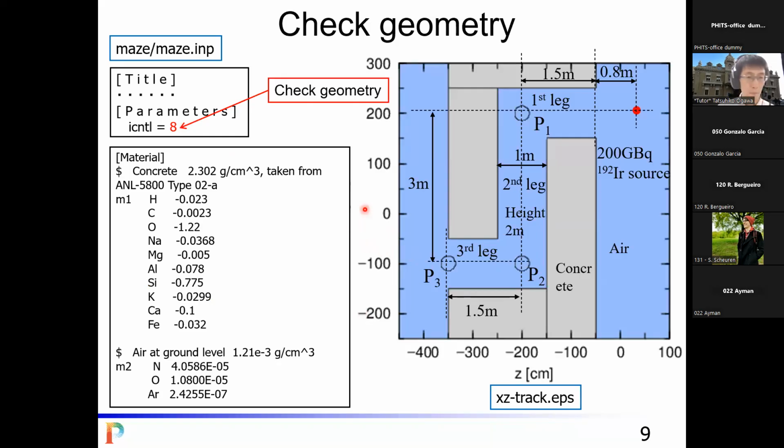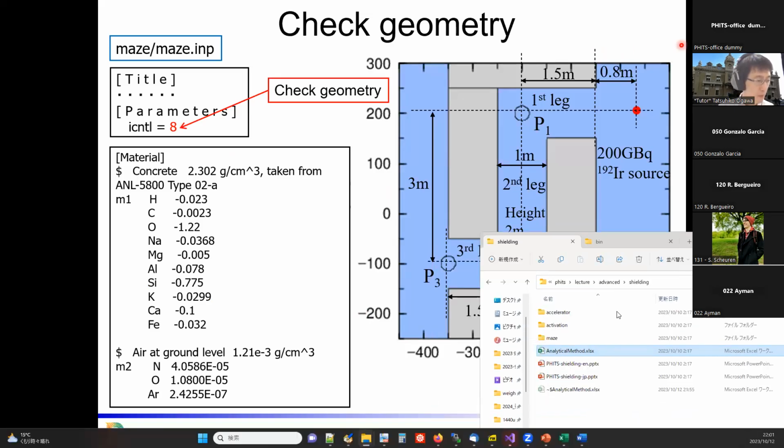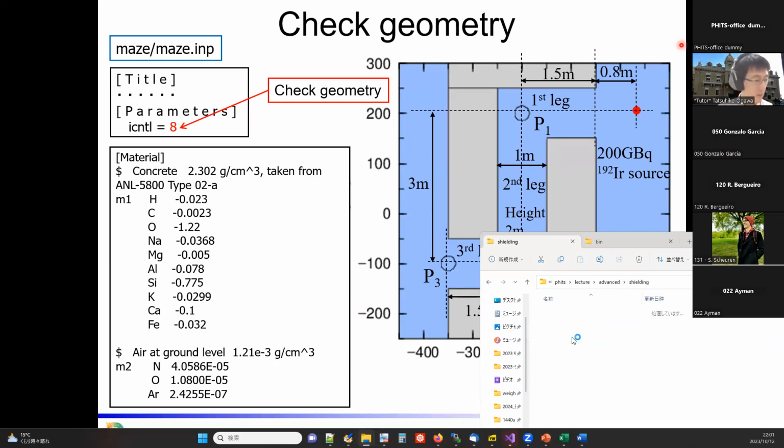Please go to the Maze folder in the shielding folder. Please remember that we are at the lecture advanced shielding. And please move to Maze. In the Maze folder, please open maze.inp.